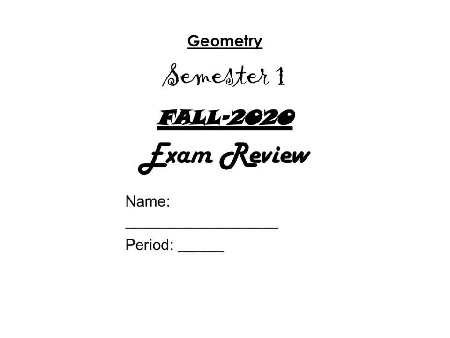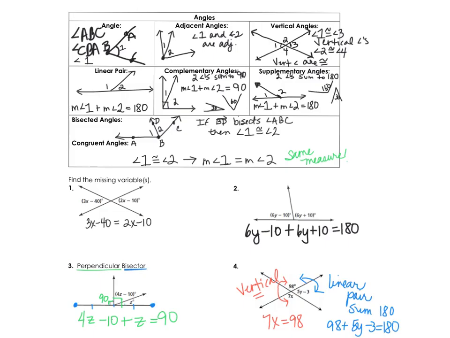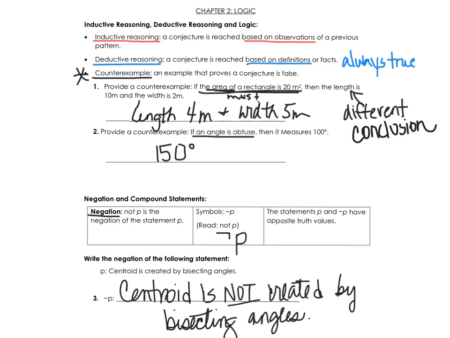This is the semester 1 fall exam review. So we've already gone through all of the pages, not all of the pages, but I just wanted to do a video of the part we have not finished. And I want to recommend that you pause at any of these pages. So I'm just going to keep going.